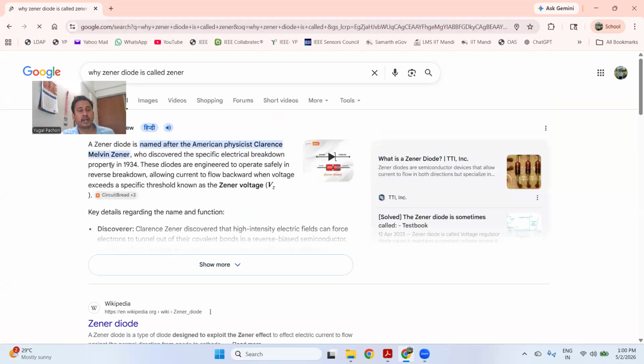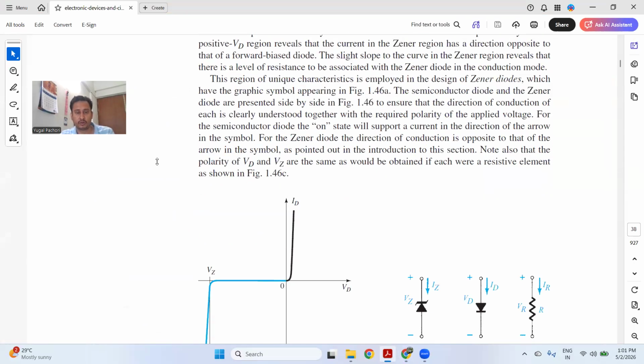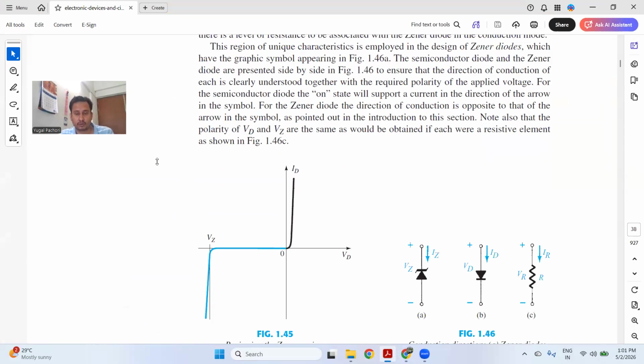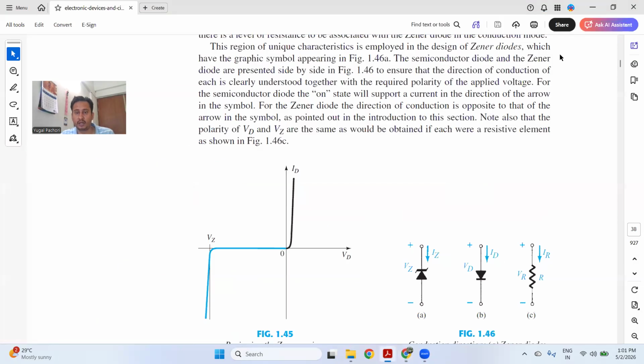Okay, so the Zener diode is named after the American physicist Clarence Melvin Zener. So it is named after the inventor, and there is no point of discussion in that.